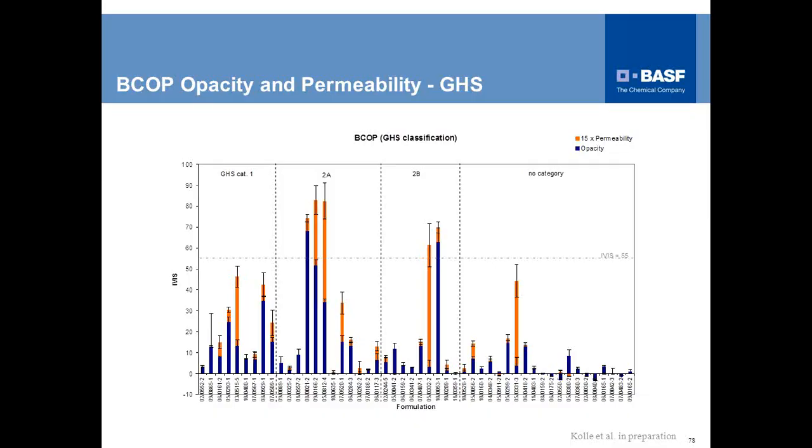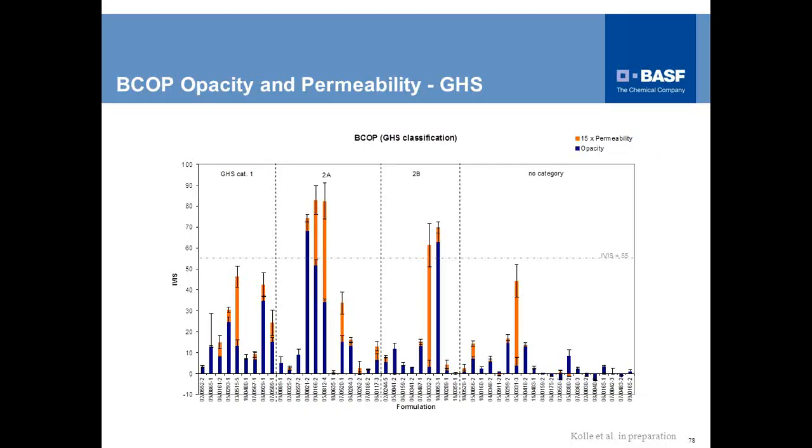In this slide, I have summarized the data on the 50 formulations tested. The stacked bars show the opacity values in blue and the 15 times the permeability in orange, which gives you the in vitro score in total. So how to read this slide?